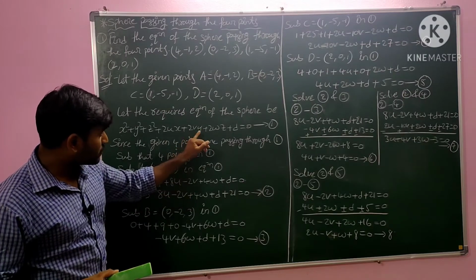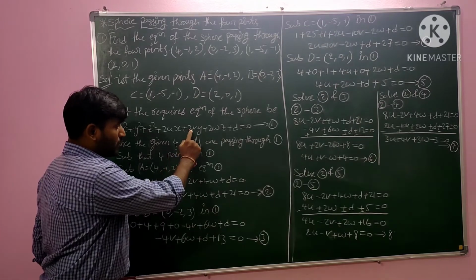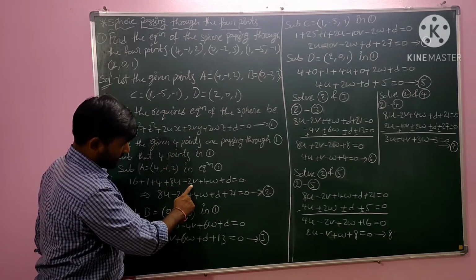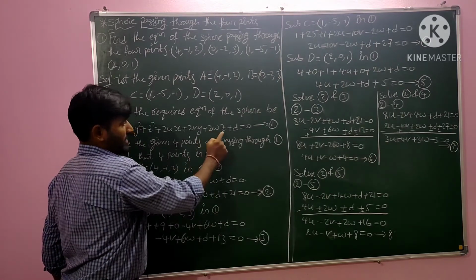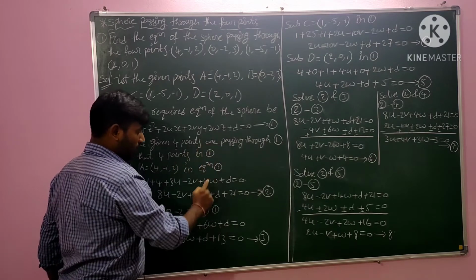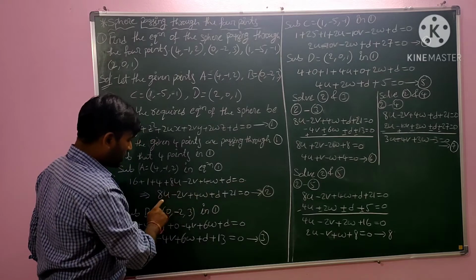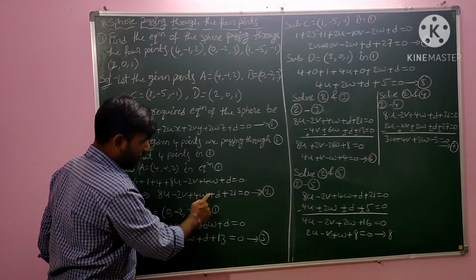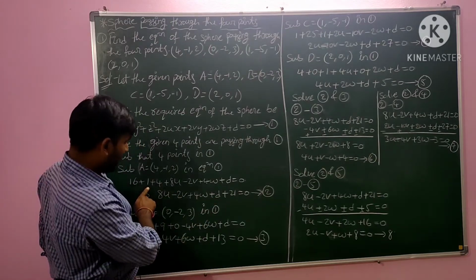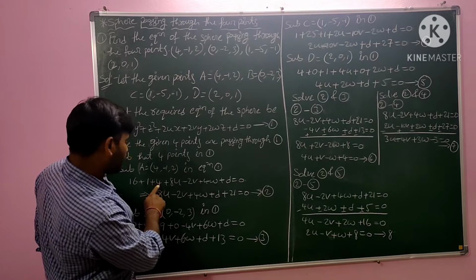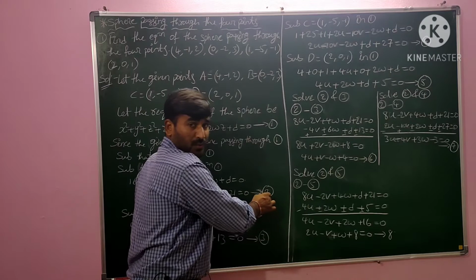And plus 2vy, y is minus 1, then 2v into minus 1 is minus 2v. Next, 2wz, w value is 2, z value is 2, 2 times 2 is 4 into w, 4w, plus d equal to 0. Then 8u as it is, minus 2v, 4w and d keep as it is, and the constant 16 plus 1, 17 plus 4, 21 equal to 0. Take this one as equation number 2.